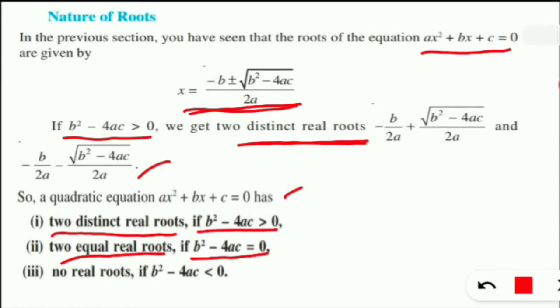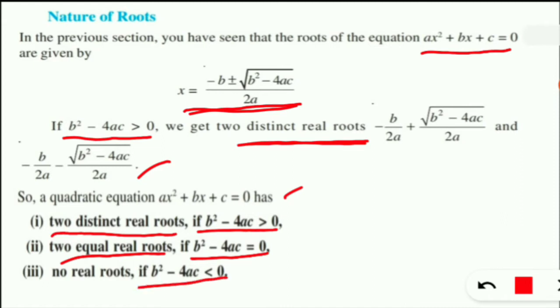So a quadratic equation ax square plus bx plus c equals 0 has two distinct real roots if b square minus 4ac is greater than 0, has two equal roots if b square minus 4ac equals 0, and has no real roots if b square minus 4ac is less than 0.